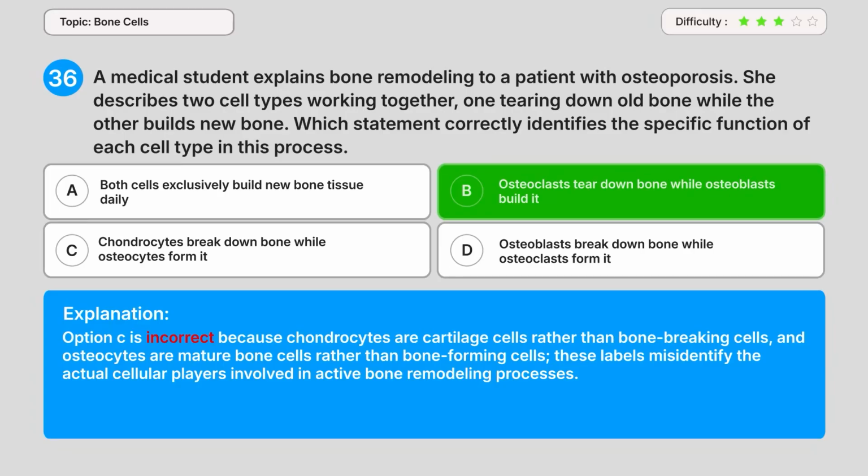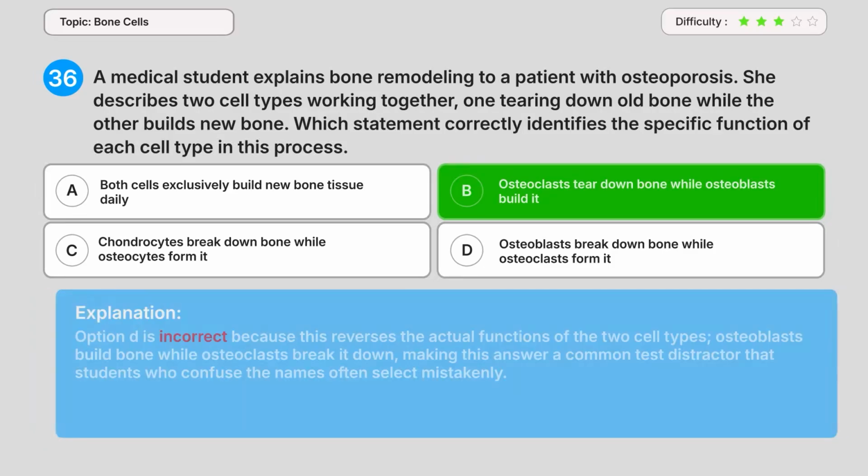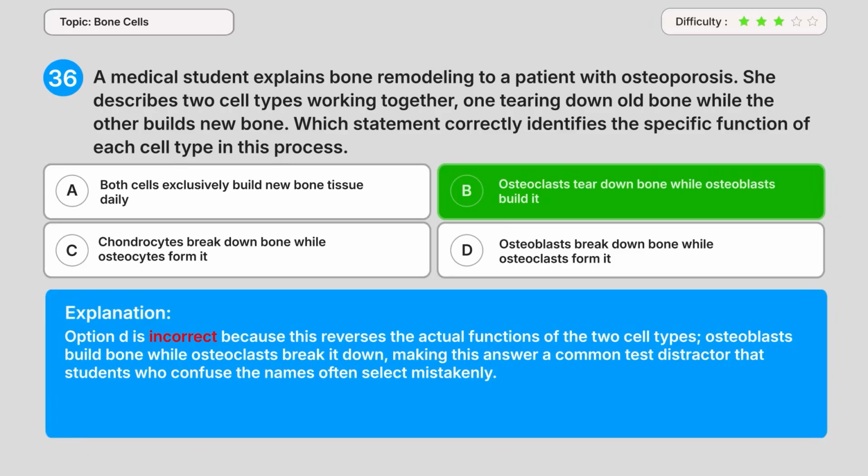These labels misidentify the actual cellular players involved in active bone remodeling. Option D is incorrect, because this reverses the actual functions of the two cell types. Osteoblasts build bone while osteoclasts break it down, making this answer a common test distractor that students who confuse the names often select mistakenly.